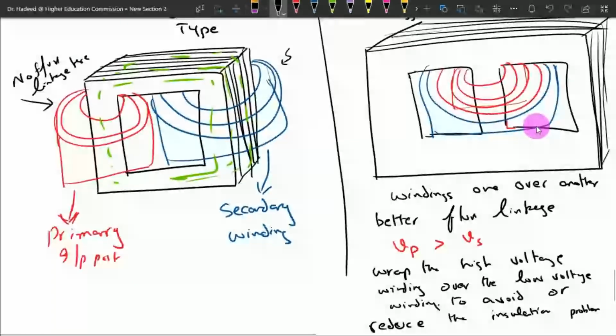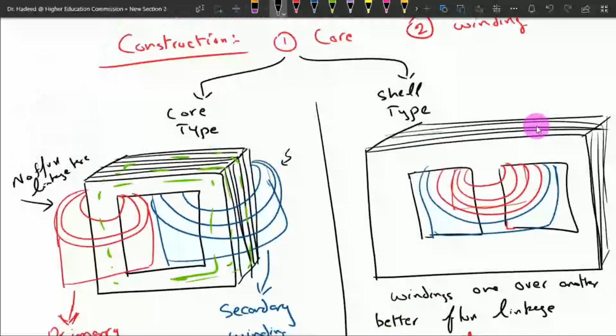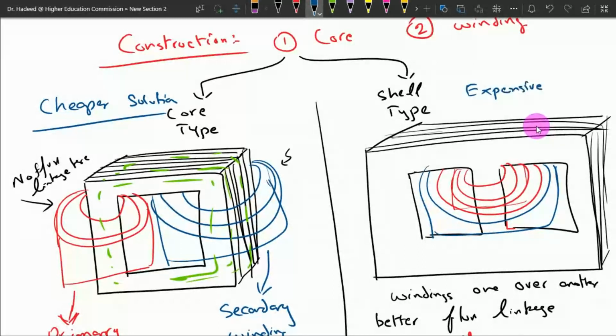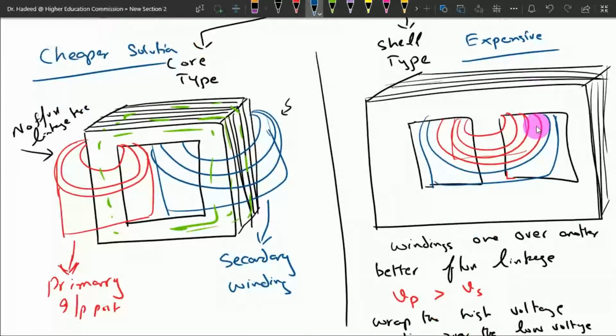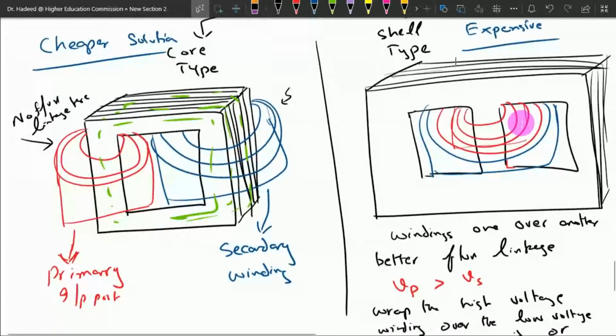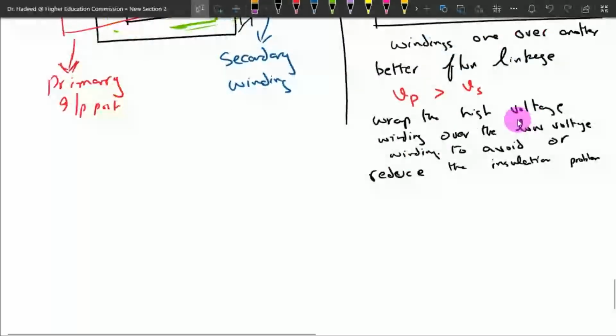Now, as far as this particular core type is concerned, it looks like we do not need much material to create a core, and hence it is a cheaper solution compared to the expensive solution of a shell type transformer. But because we want to enhance the performance of the core type transformer, we have some tricks here.